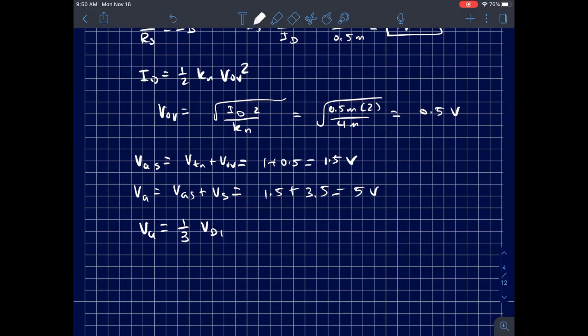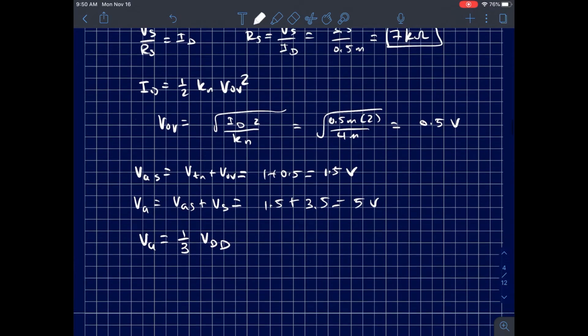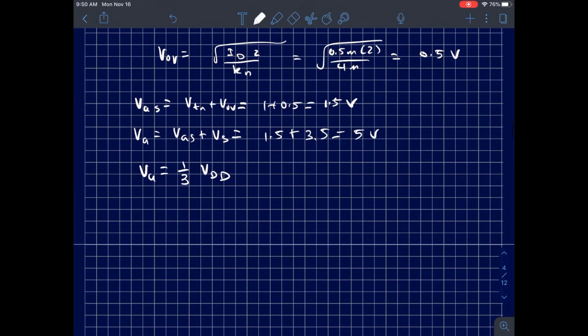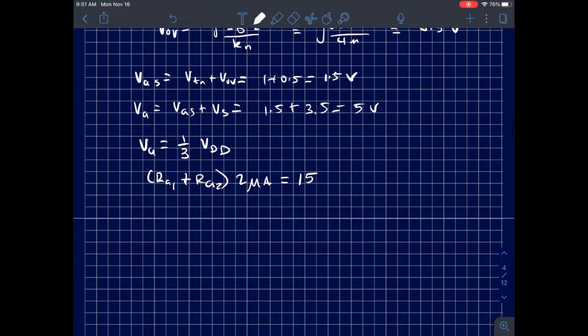Which means that VG is 1/3 of VDD. I know for the voltage divider that RG1 plus RG2 times the current in that voltage divider, which is 2 microamps, has to be equal to the supply voltage of 15 volts. And so that means that RG1 plus RG2 is equal to 7.5 megaohms.